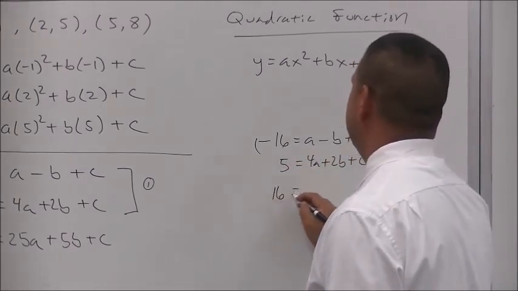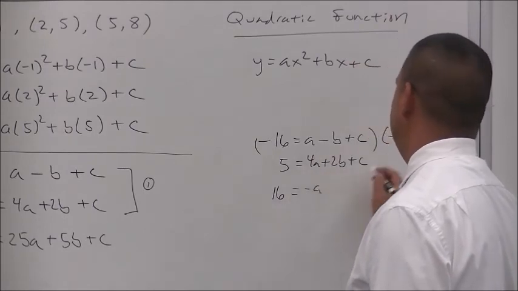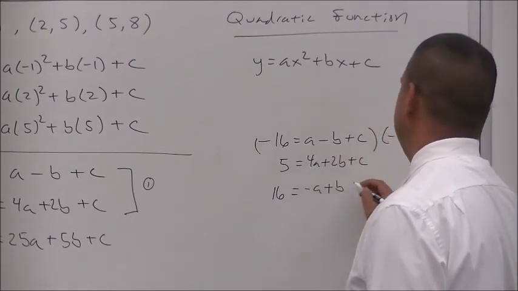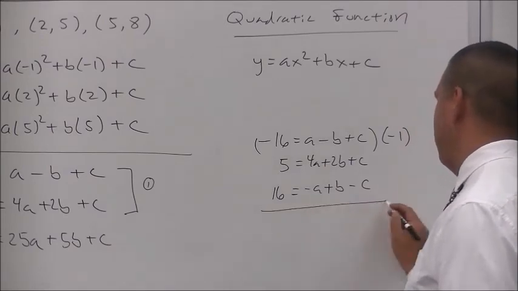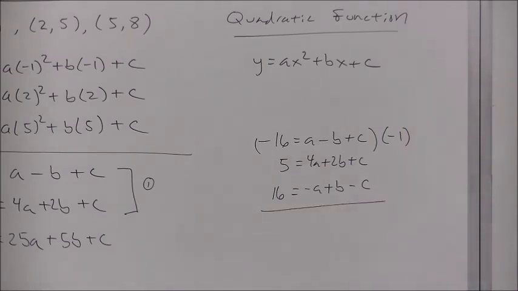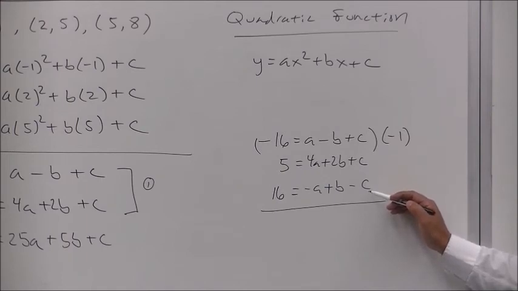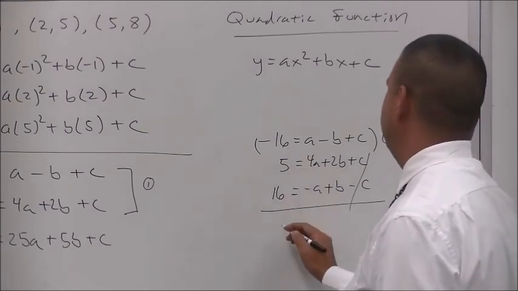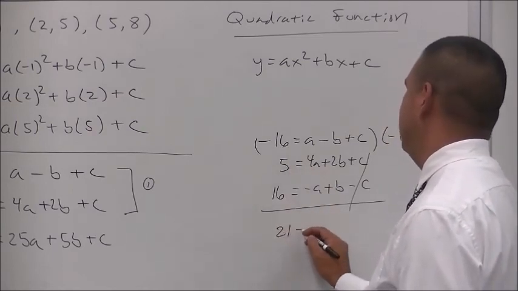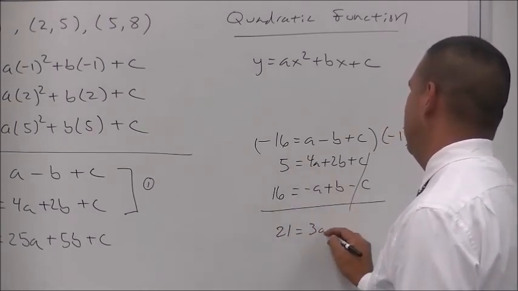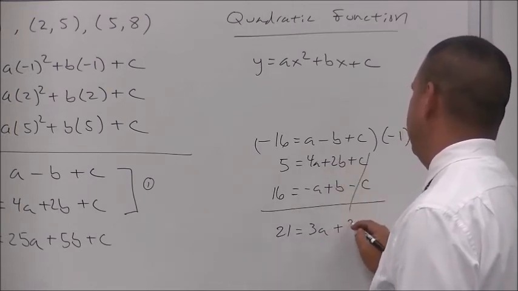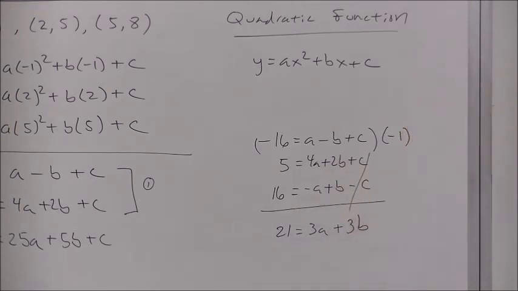So that makes it 16 equals negative a plus b minus c. Now we can add those up because the c's are opposites. So those go away. So 16 plus 5 is 21. That's a 3a plus a 3b, right?